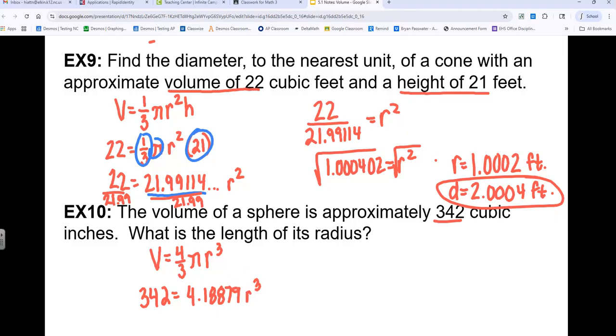All right. So, if I'm trying to solve that for my radius, Adela, what should I do first? Good. I'll divide by that 4.18879.